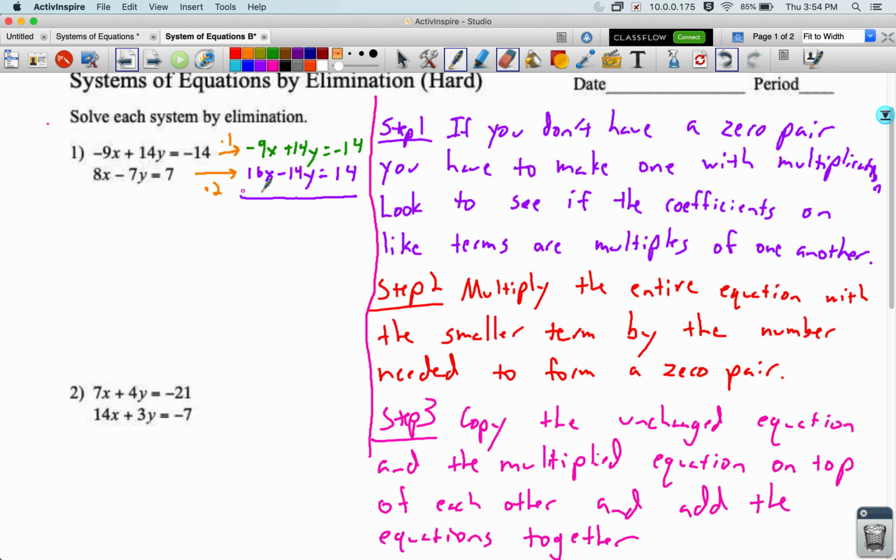So I put that addition line there. I'm going to put a little plus in front. This is my new system of equations. I can almost forget this old system, but I might come back and use it in just a second.